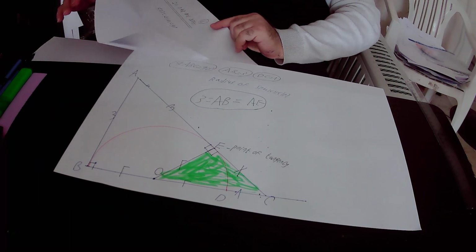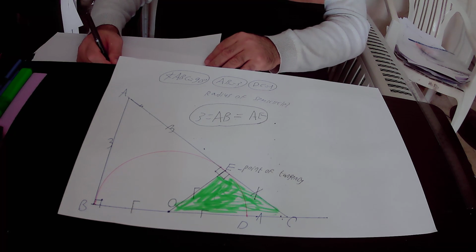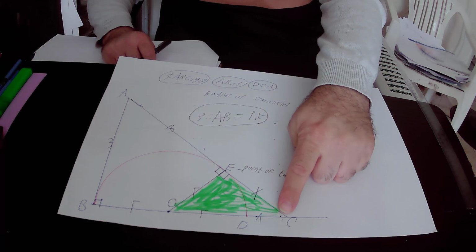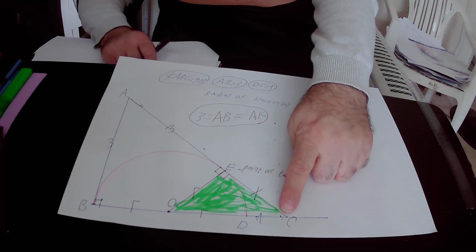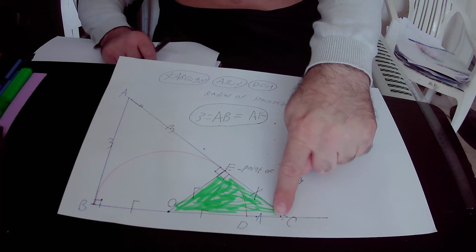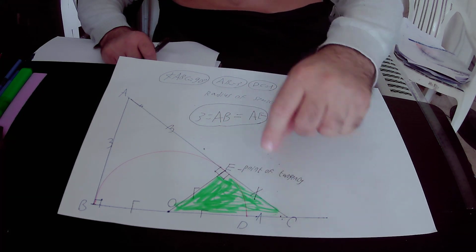Okay, and actually we also know that this angle C is a common angle, it belongs to both the big right triangle ABC and the green right triangle OEC.